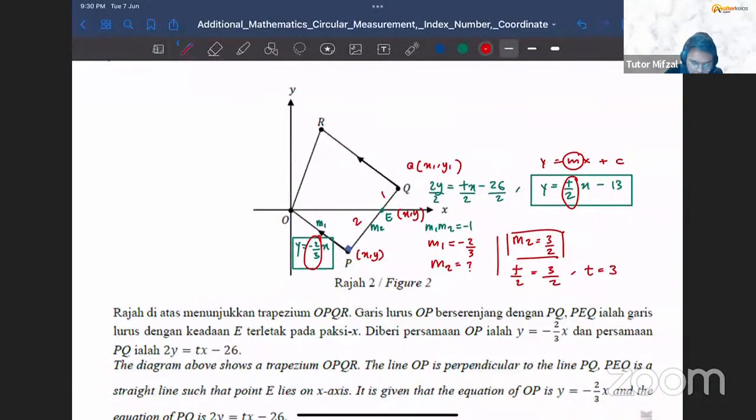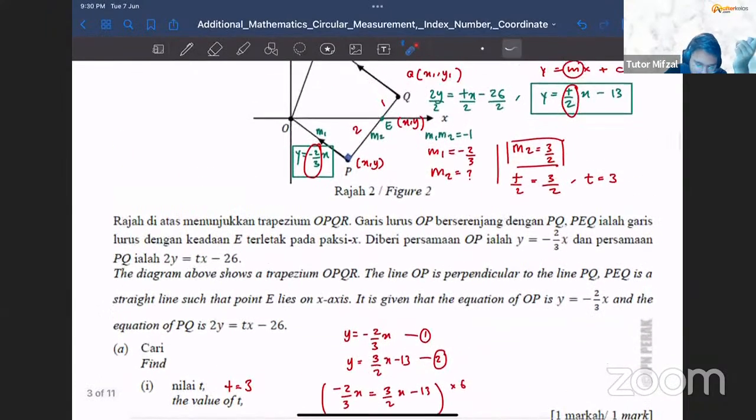Betul tak? Because we have 3 points, we have point P, kita ada point E and also point Q. Point E, kita tahu the coordinates, but we have to find the coordinates. Right? It is not something that you can obtain easily lah. But you know the coordinate of point P already. Point P is 6, negative 4. So, one coordinate, dah tahu dah the coordinates tu kan.